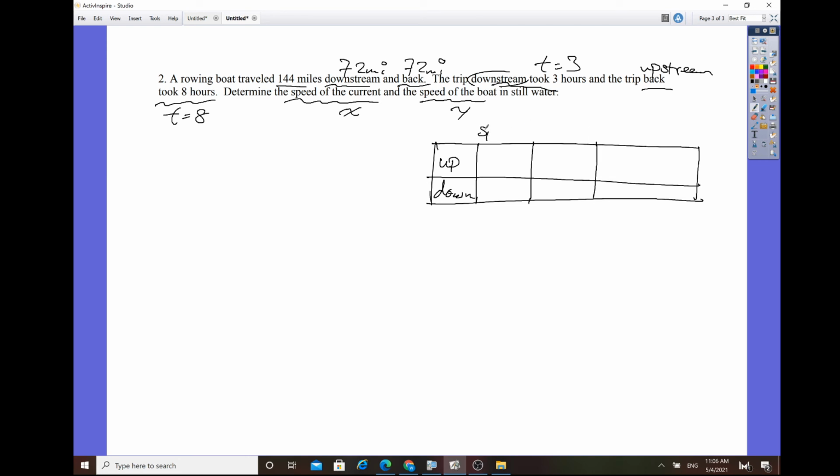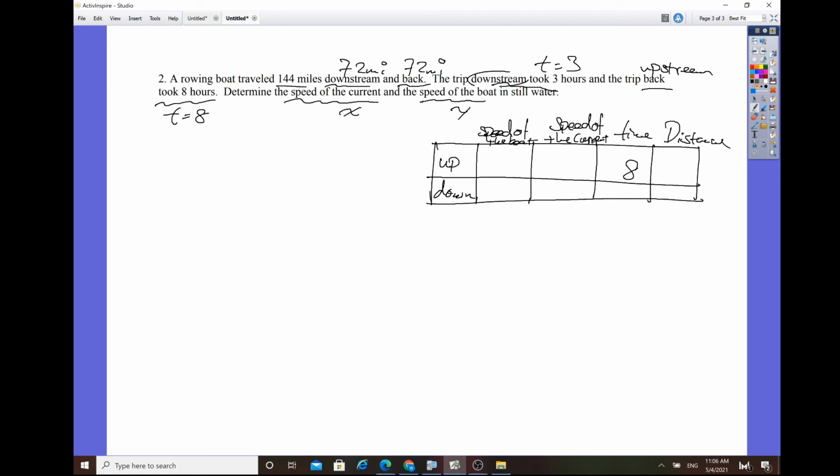Okay, so the speed of the boat, the speed of the current, the time it takes, and then the distance. So the time it takes for going upstream, it shows that already, 8 hours. So it took a little bit more time because that is against the current.